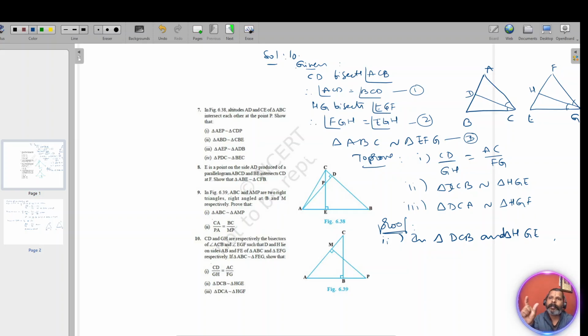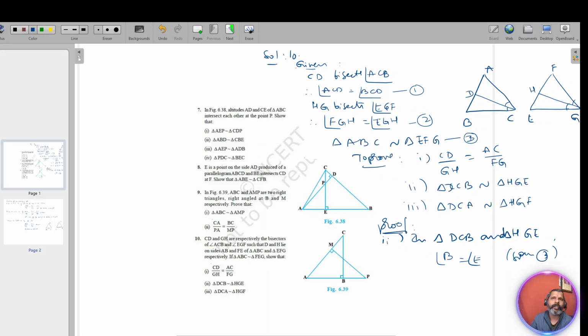In triangle DCB and HGE, we have B equal to E from 3, because similar triangles mean the angles are equal. What about the other condition?